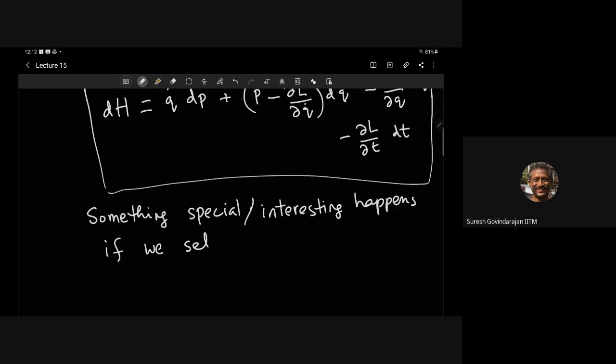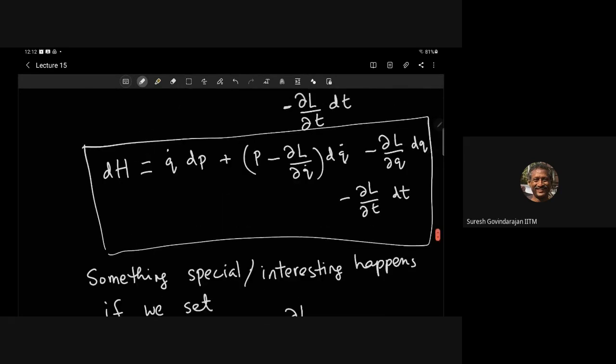If we set p equal to the same combination which we saw before, what happens? Anybody? The second term goes to 0. So then it looks like dh is a function of three variables only, p, q and t, because these are the only things which remain.